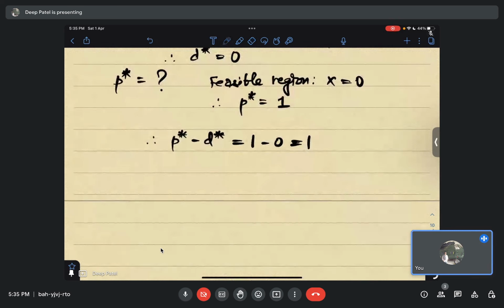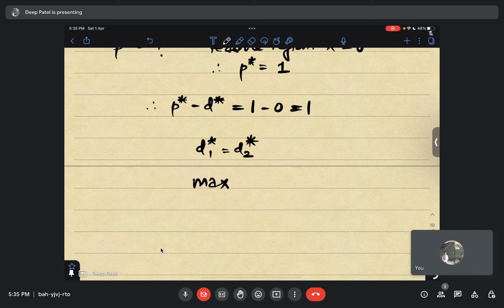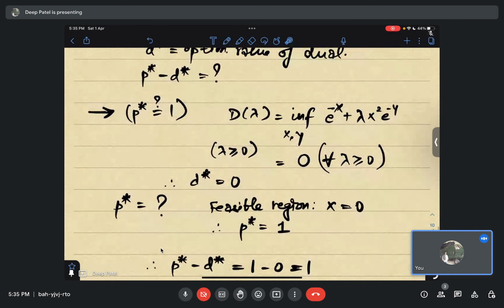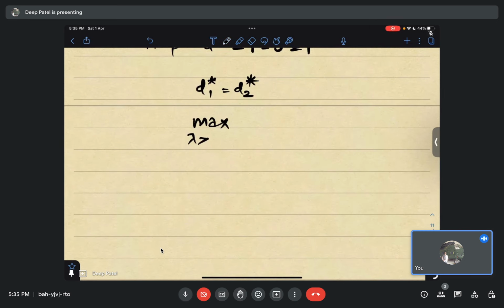Just to say a bit more on that: why is d star such that, let's say there are two dual optima, why are they the same? Not dual value, sorry, the dual optimum. Two things: this is a dual function, it's not a dual problem. My dual problem is this.